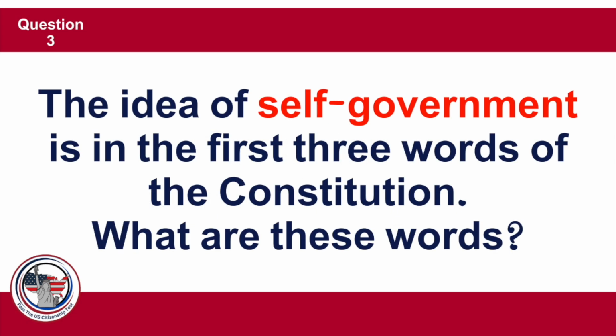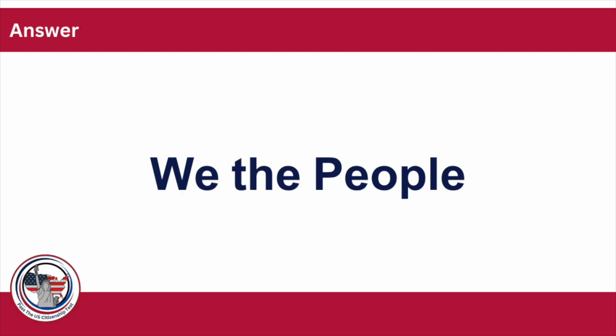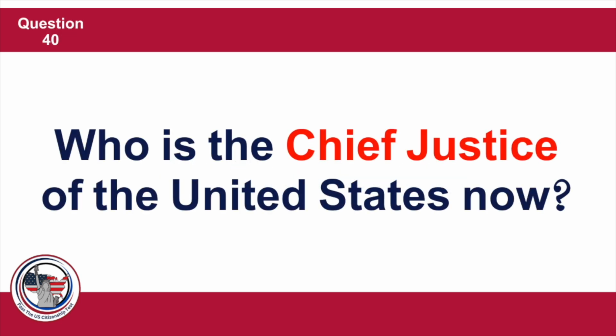The idea of self-government is in the first 3 words of the Constitution. What are these words? We the people. Who is the Chief Justice of the United States now?